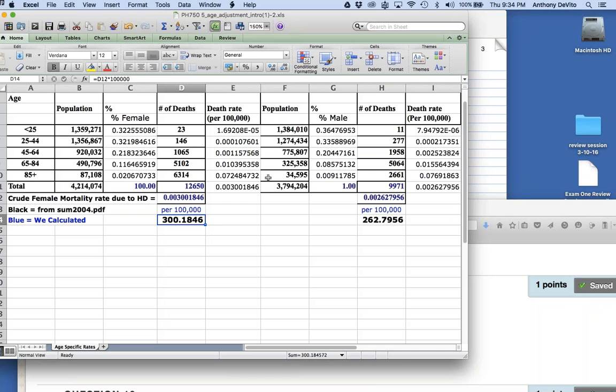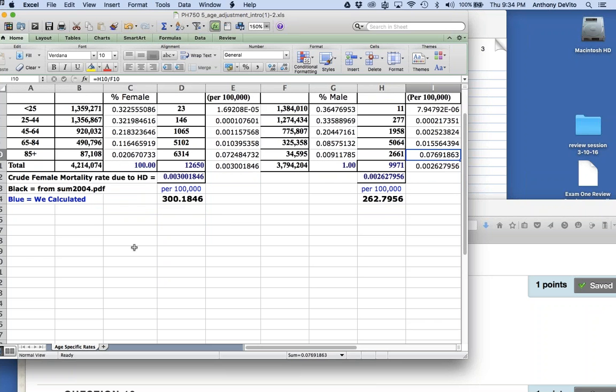But we could see the individual death rates are not really all that different, are they? For 85 and older, it's 7% for females and 7% for males in that age range. It's just that there are so many more females in that age range. They're contributing to all those deaths.